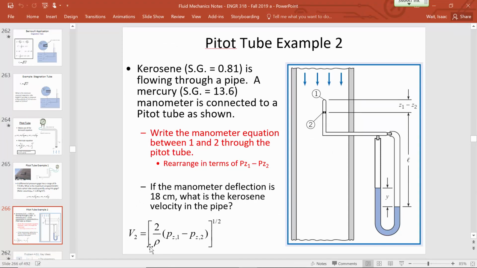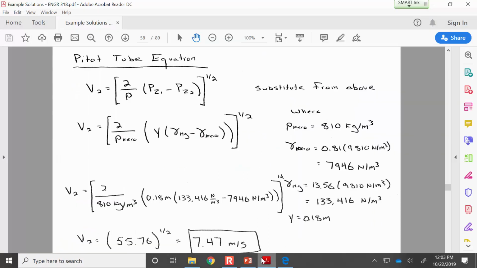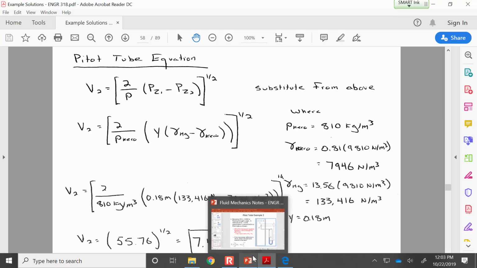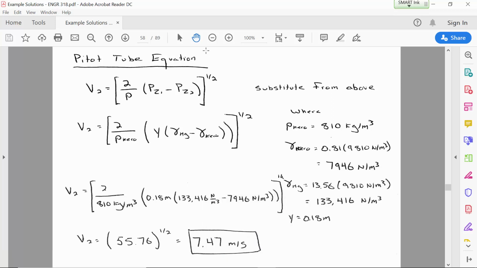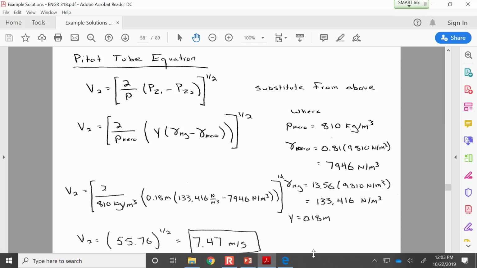You use the kerosene density, because it's kerosene that's between 1 and 2, both on the outside of the pipe and inside the Pitot tube. It's kerosene, so that's the density you're using in the formula. So by a show of hands, how many people got 7.47 meters per second? Good. All right. Any questions about that example?